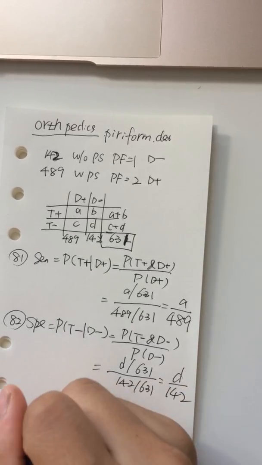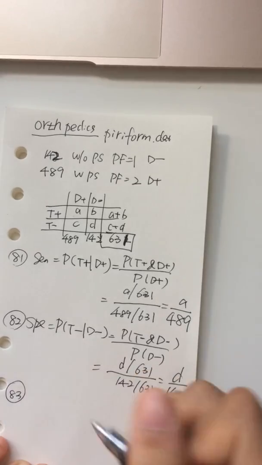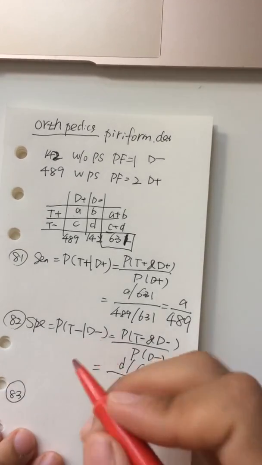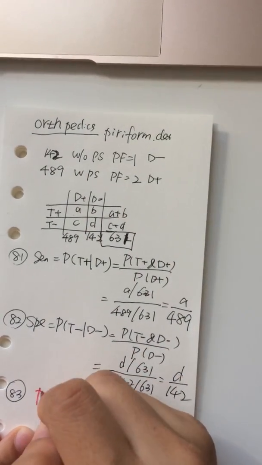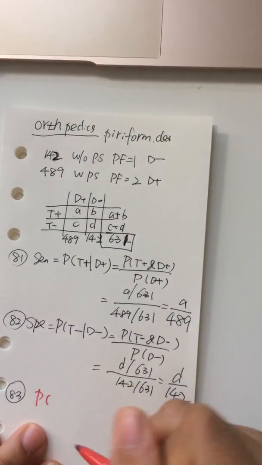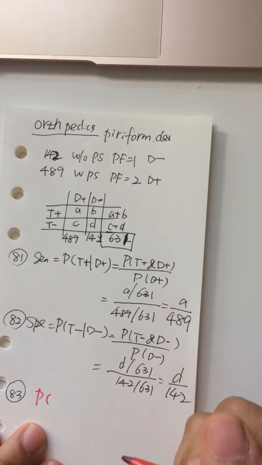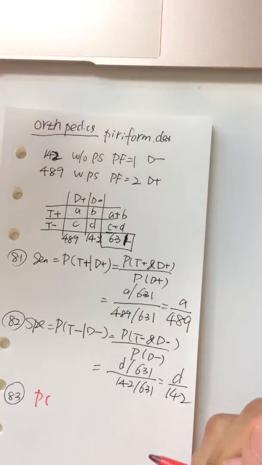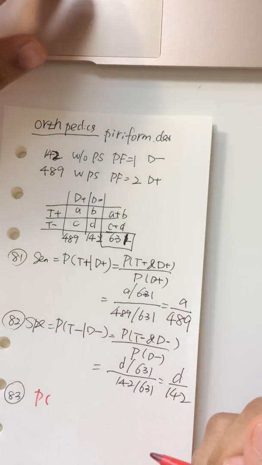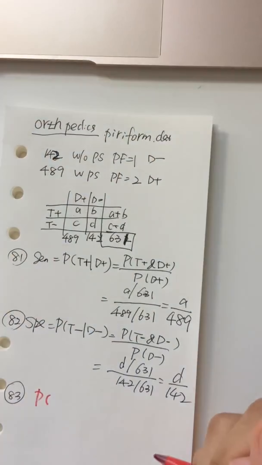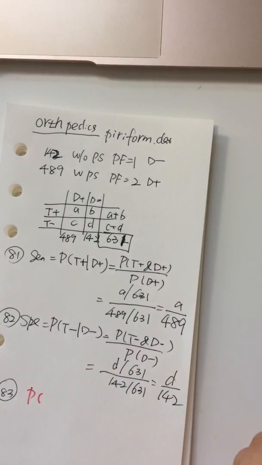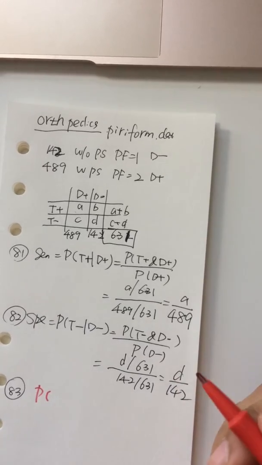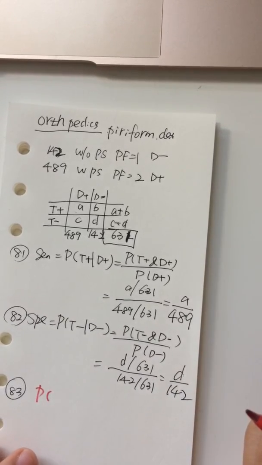Most people probably have a problem with this question. So what the question is, the test score is greater than, right? That means the test is positive. So given the test is positive, what's the probability that the person has the disease?